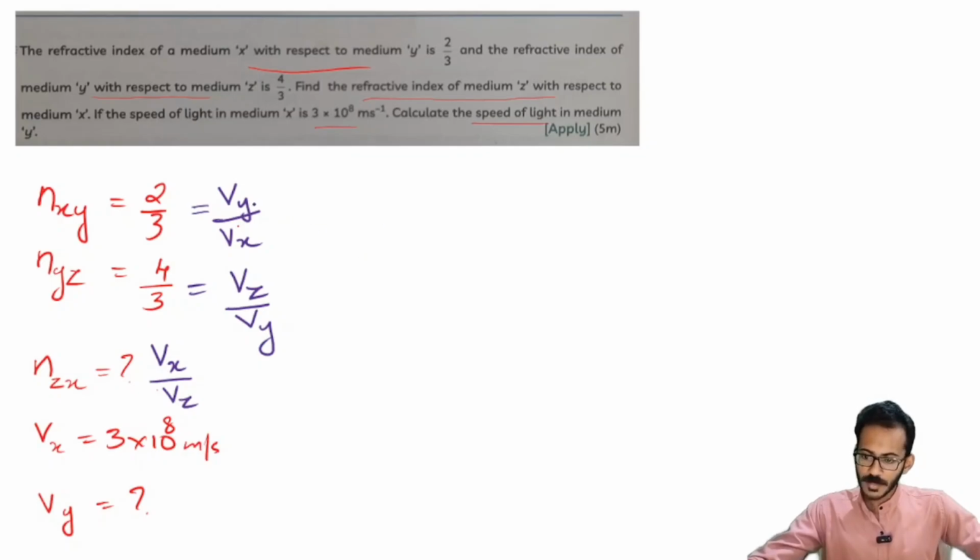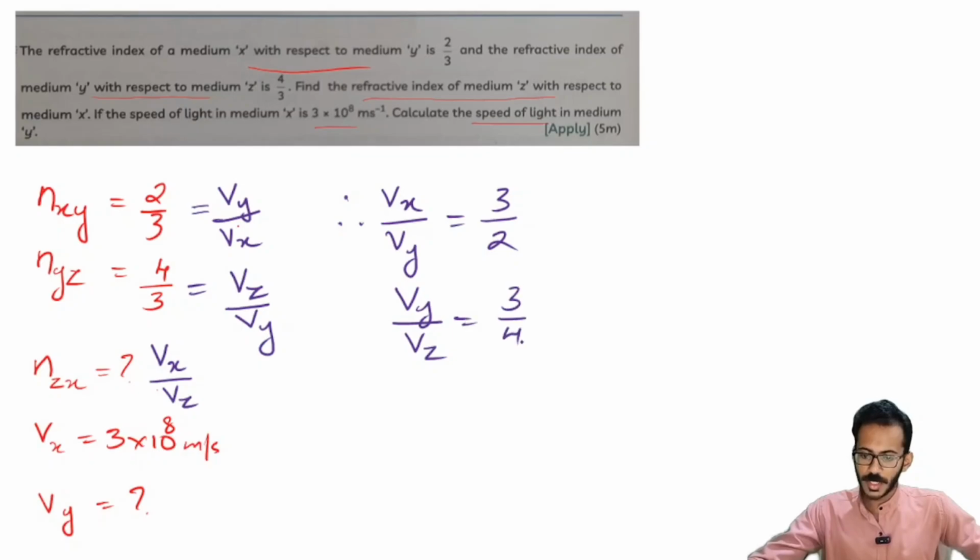Now, Vy by Vx is 2 by 3. So here I can write, therefore, Vx by Vy can be written as 3 by 2. I just took the reciprocal of both sides. Same way here also, Vy by Vz can be written as 3 by 4.